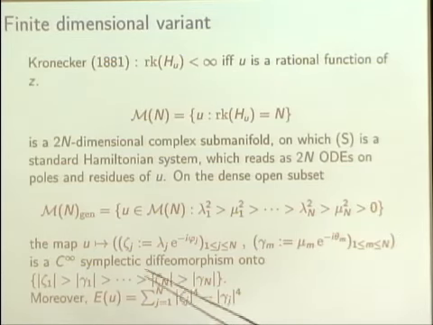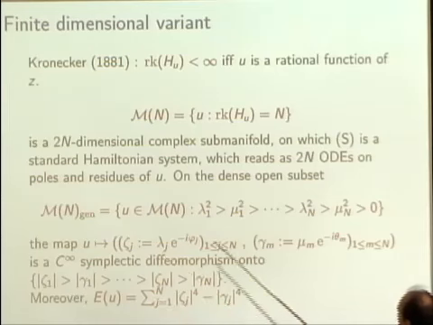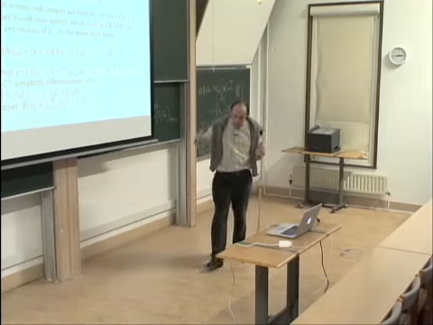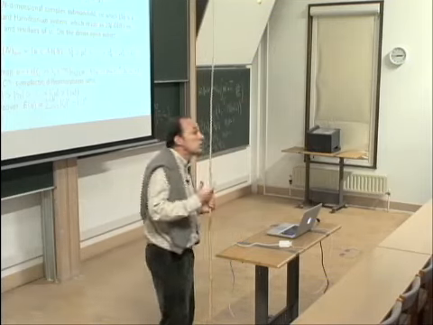And once again, you have a mapping which is now a C-infinity diffeomorphism, not only a homeomorphism. And in fact, this is symplectic in the sense that you conserve the symplectic structure. You have canonical coordinates.